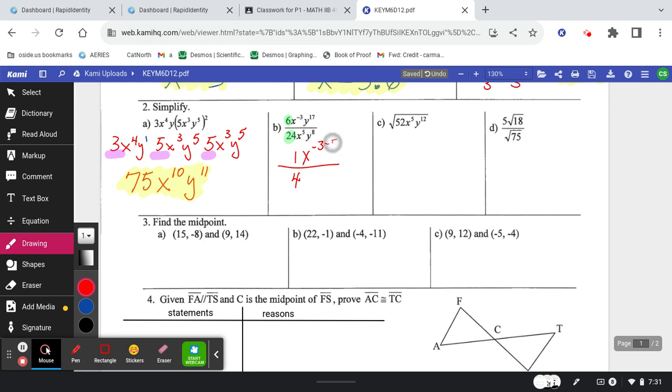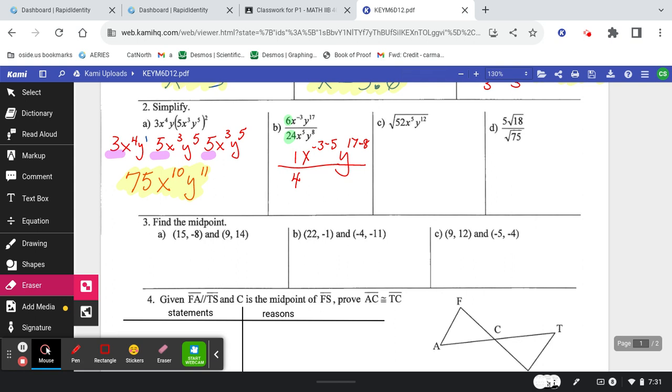So the subtract rule comes into play here, where I'm going to go negative 3 minus 5. We subtract the number in the denominator. And same for the y's, where you could say y to the 17th minus the 8th. So the 17 minuses the 8 below it. So whatever's in the numerator for the power is going to subtract. That's the subtract rule, the number in the denominator's power.